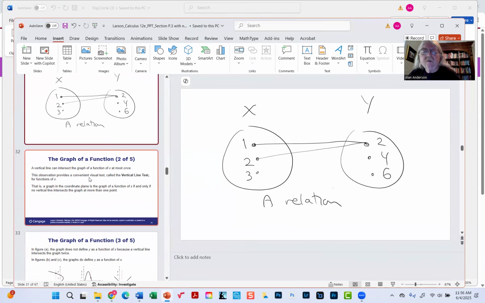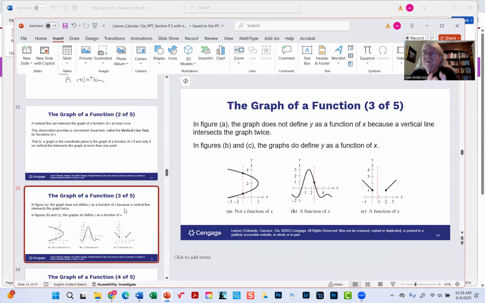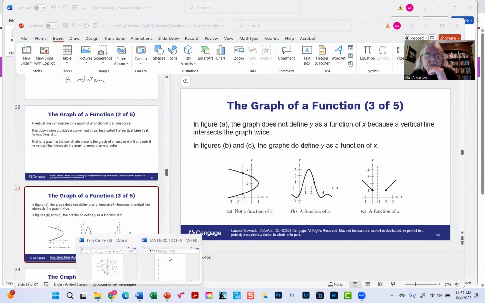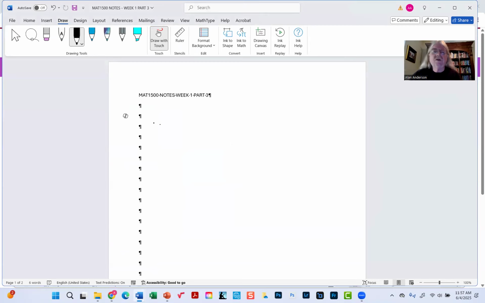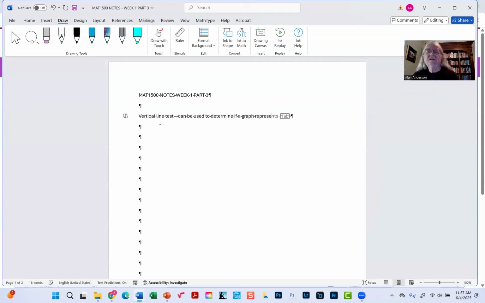Now, in order to tell just by looking at a graph if we have a relation or a function, there's a very simple test, which I believe we talked about last time, called the vertical line test. The way it works is this: you very simply draw a vertical line through your graph. The vertical line test can be used to determine if a graph represents a function or a relation.